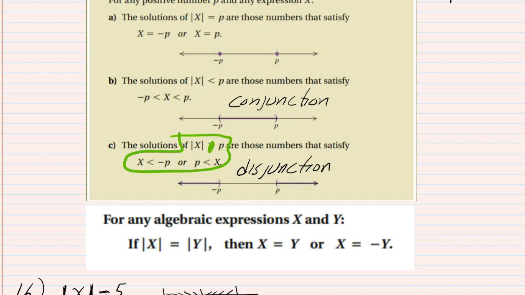So with greater than, it could be positive, greater than p, or it could be less than -p, and in absolute value it's going to be positive, which makes it greater than p. Okay, so that's what those two are.